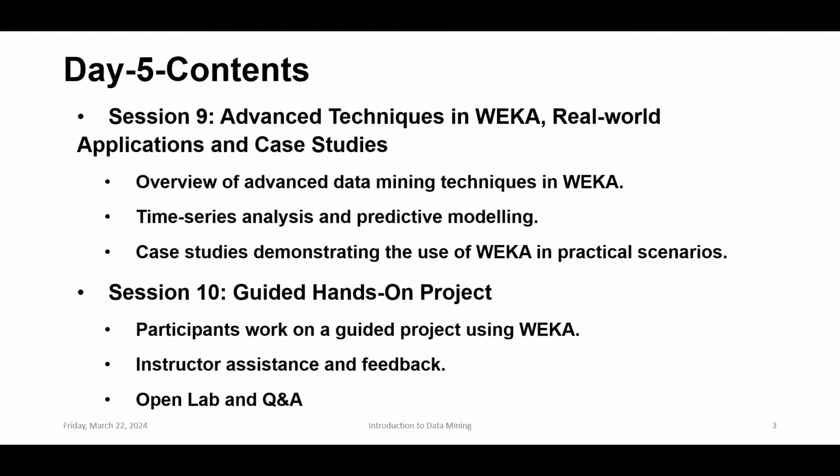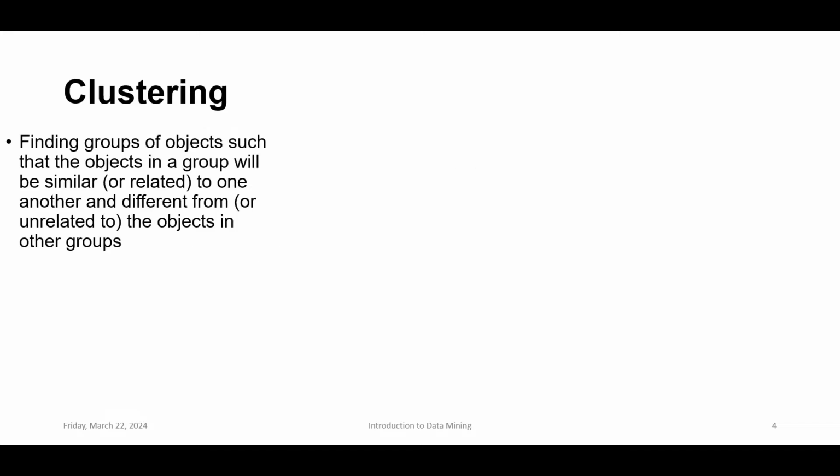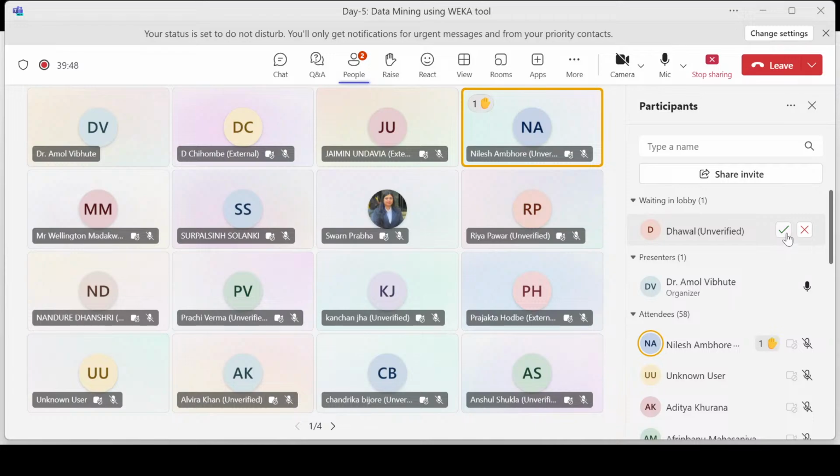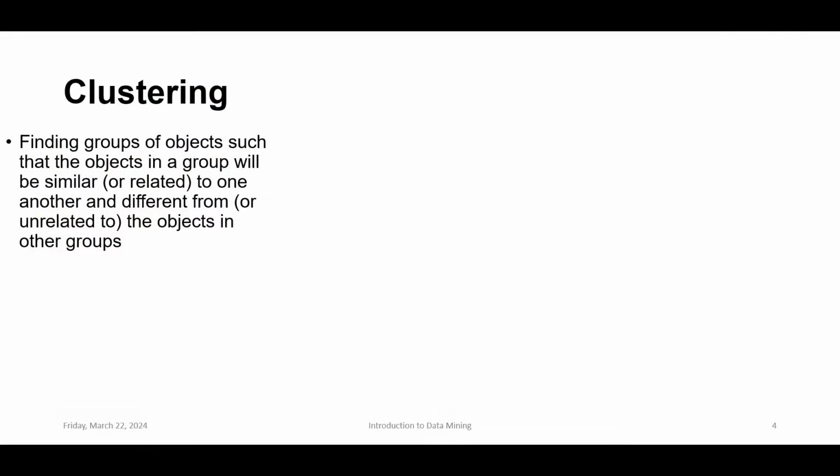Before starting the practical and case study, I will again cover the topic we missed yesterday. Due to some technical issues, I did not deliver that content in the expected manner, which is why I am considering it again. So, clustering.